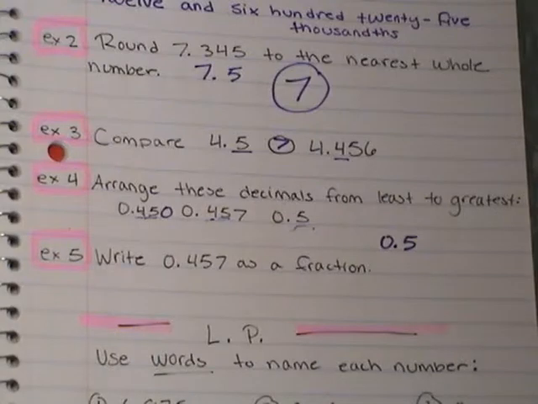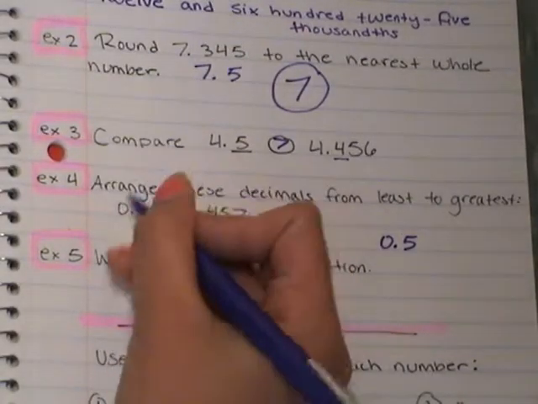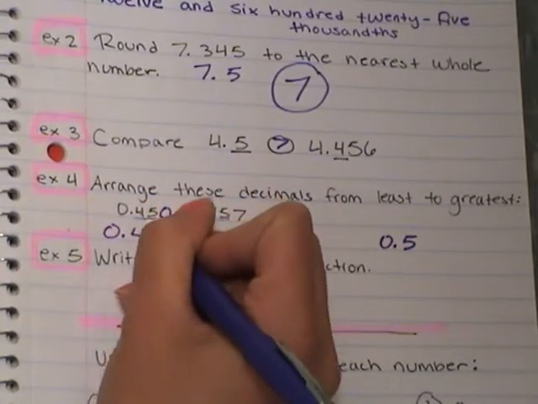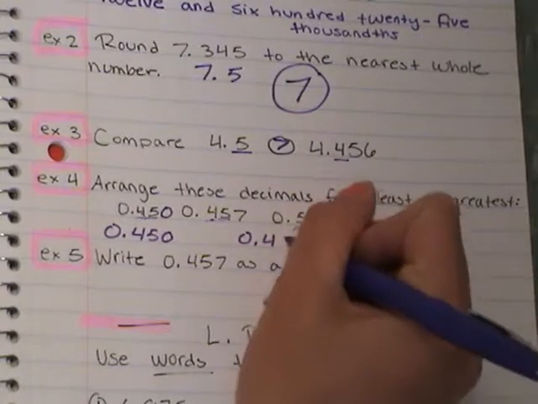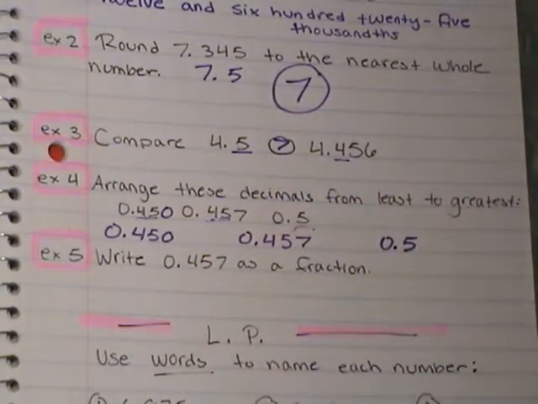And here I have a 7. So which one, a 0 or a 7, is the smallest? Obviously 0. So then this becomes my smallest, and my next one, 1 thousandth, and then that is my order.